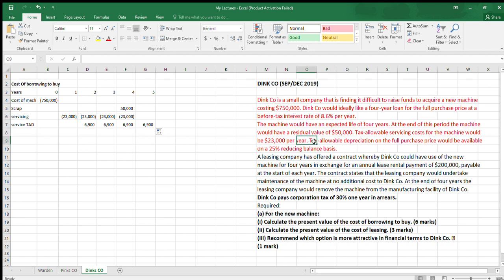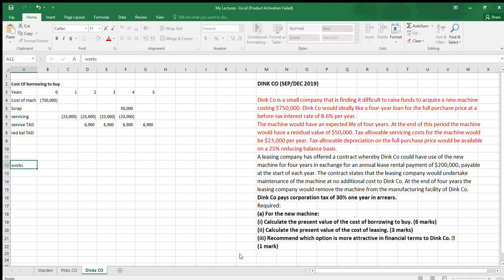They say that tax allowable depreciation on the full purchase price would be available on a 25% reducing balance. So we have the reducing balance TAD. Now let us set up our workings. So here are our workings.